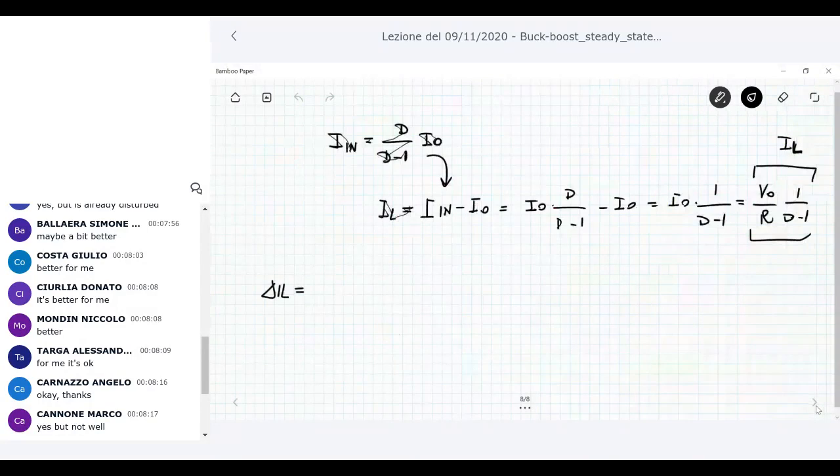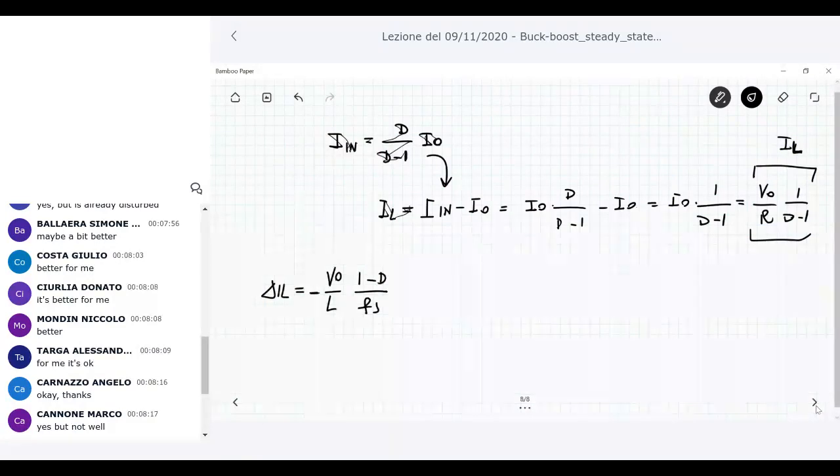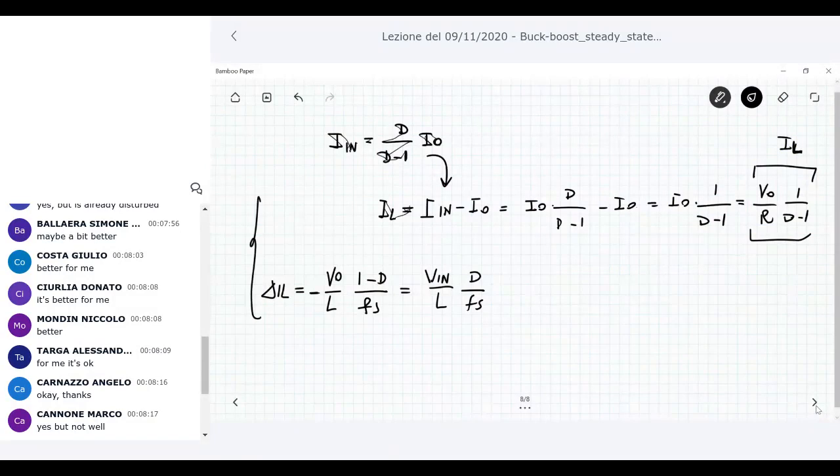So delta IL should be defined as V naught over L times 1 minus D divided by fs. V naught is negative, so we have to put a minus here. Or you can have V in over L times D divided by fs. The same. So now we have the ripple and we have the average value. We can compute the maximum current.